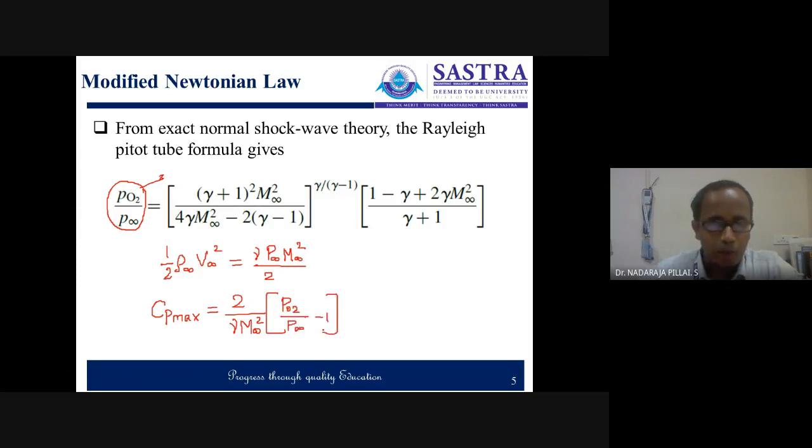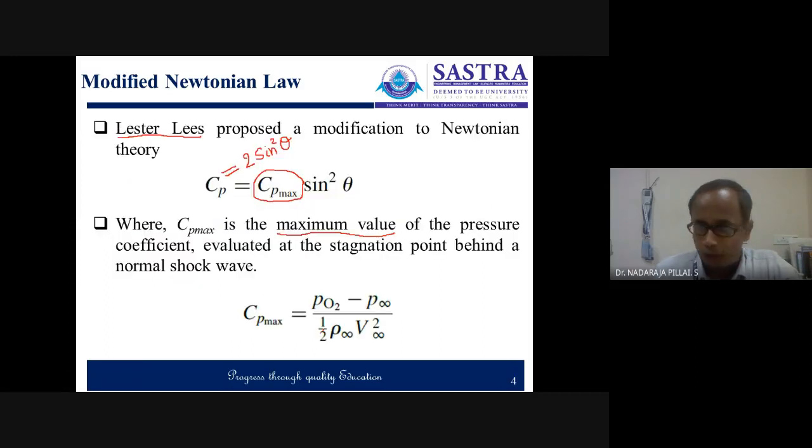I hope you understand how we arrived at this point, because we can write this as P infinity into P naught 2 by P infinity minus 1 by half rho infinity V infinity square.